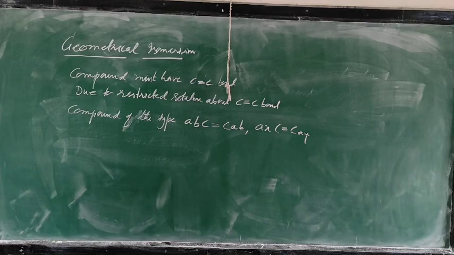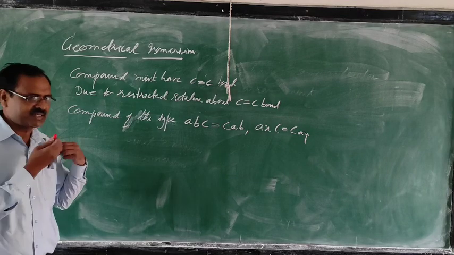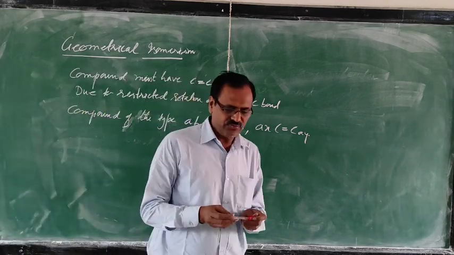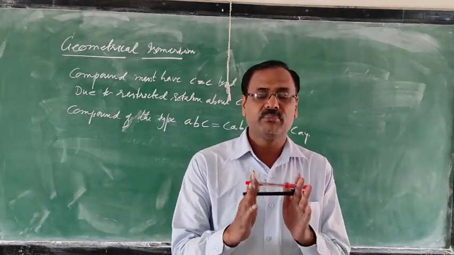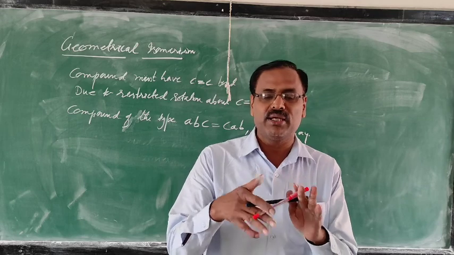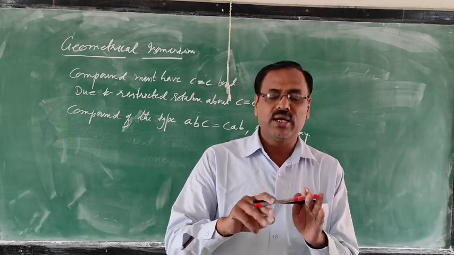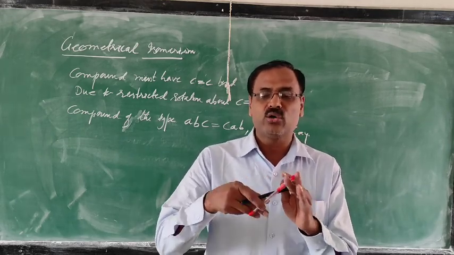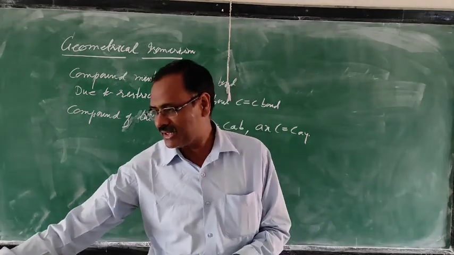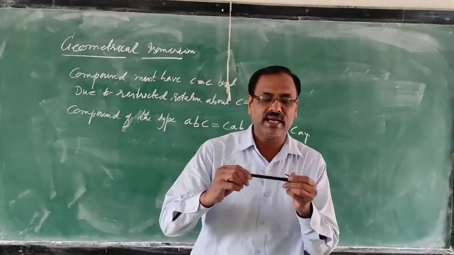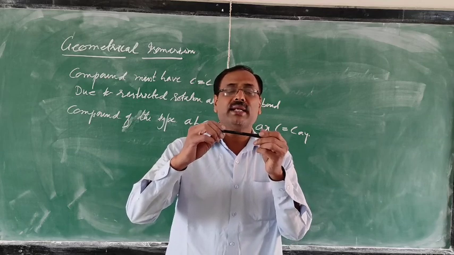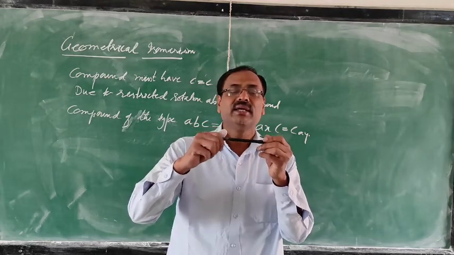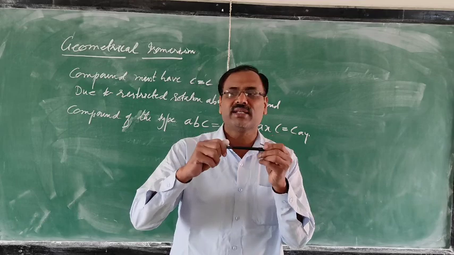So just to see what restricted rotation is. If you take two carbon atoms with a double bond between them, you cannot rotate it. But if a single bond is there between the carbon atoms, it can be rotated; free rotation is there.